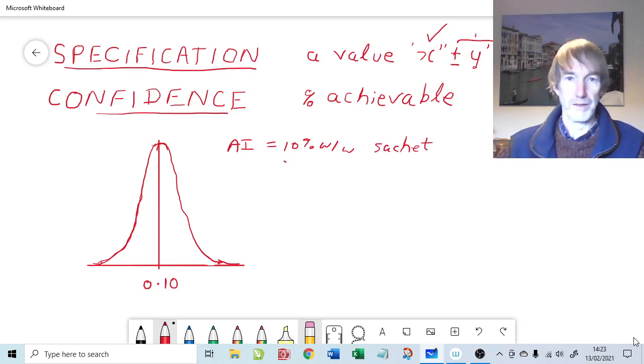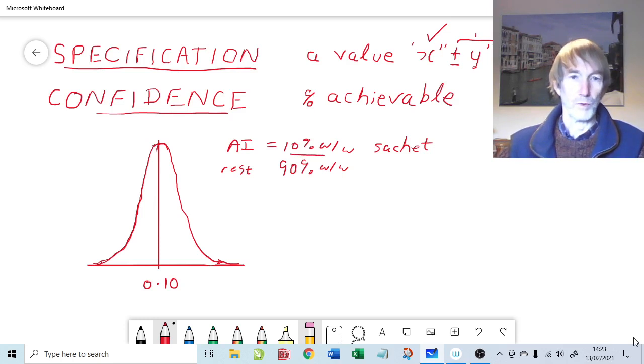So that's obviously 10% active ingredient, 90% is the rest, and the rest will be the bulking agents, disintegrants, whatever else. So this is what our specification is, the 10% by weight active ingredient here.